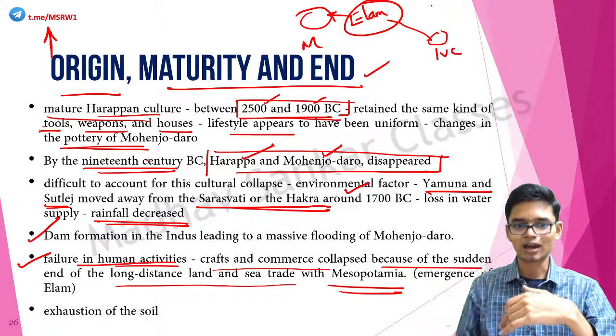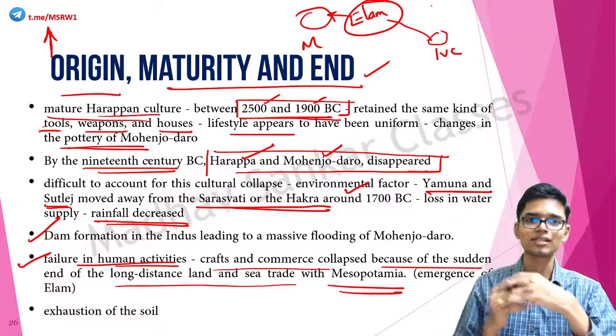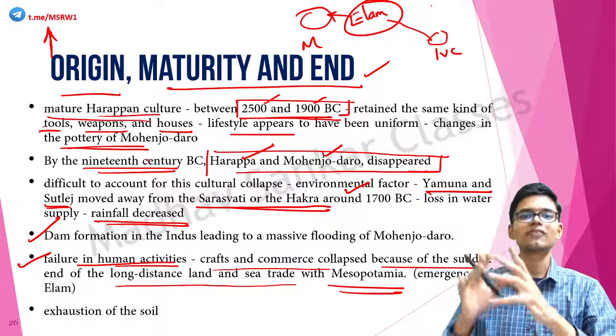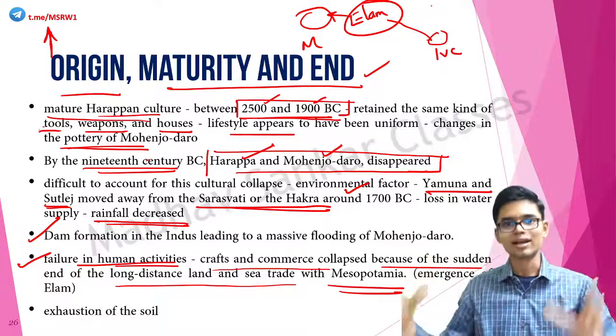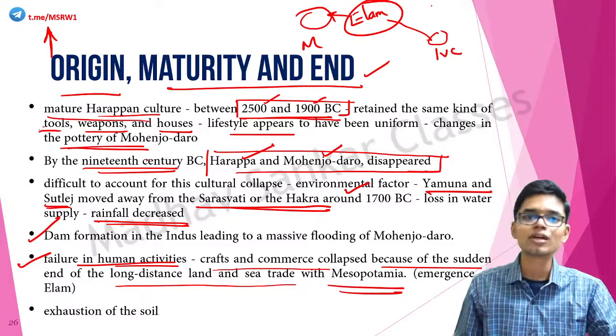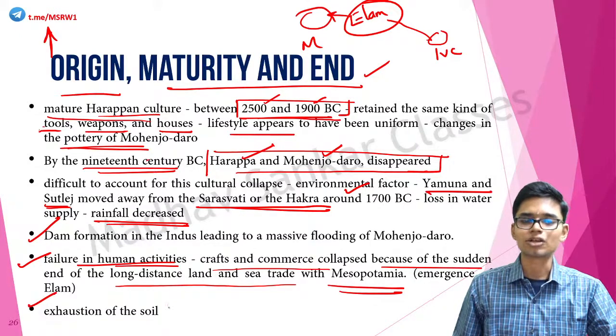It affected the crafts and commerce of people, and the merchant sections of the city. So in general, there was a failure of human activity in the Harappan or Indus Valley civilization. So this is one possible argument for decline and collapse of Harappa. Alright, then another obvious argument, exhaustion of soil.